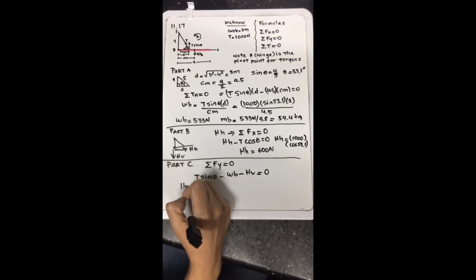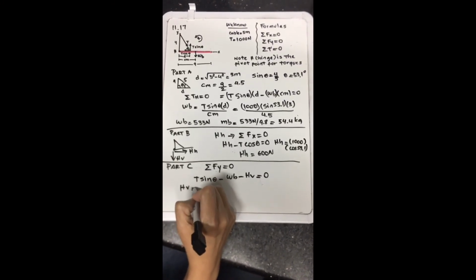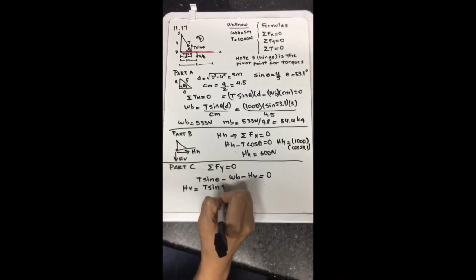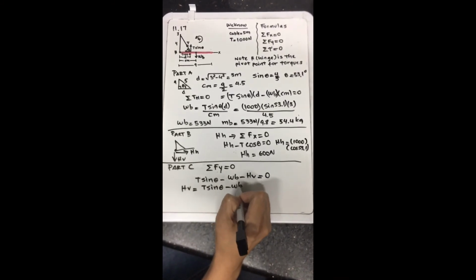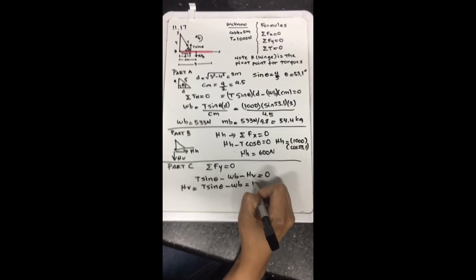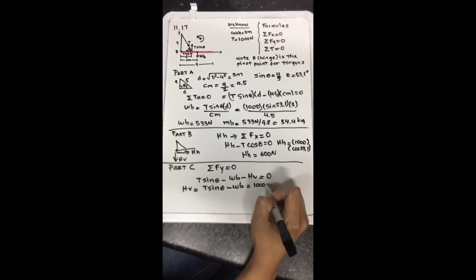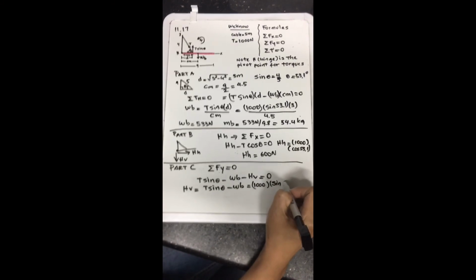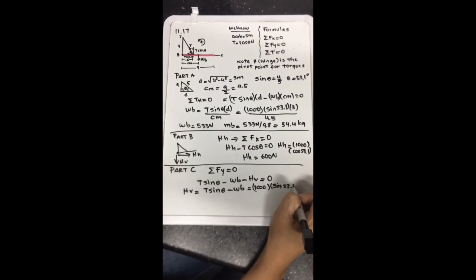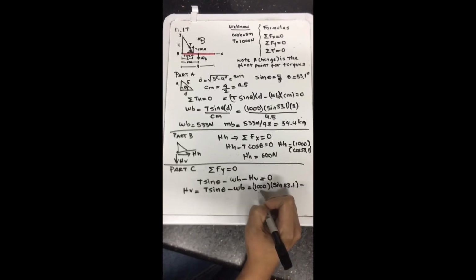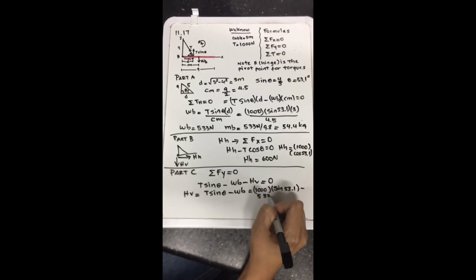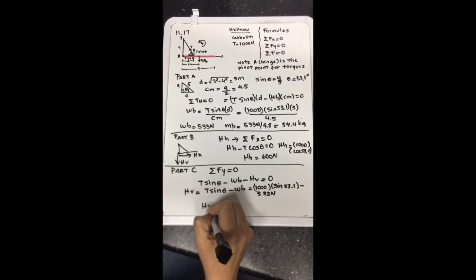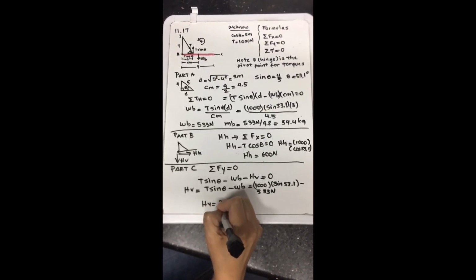This gives us that the vertical component of the hinge is equal to T sine of theta minus the weight of the beam, which is 1000 newtons times sine of 53.1 minus 533 newtons, the weight of the beam.